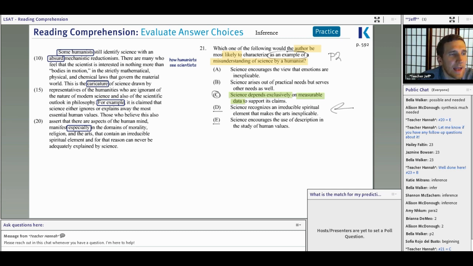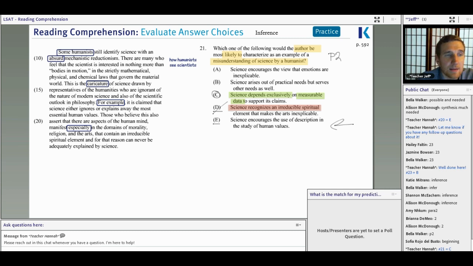If you're reading in that area, you will see this concept of irreducible spiritual element brought up. But notice, this is those who believe this also. It is the humanists who believe this, not the scientists. So when D says science recognizes an irreducible spiritual element, that is actually 180 of what the passage is saying. Again, you really even shouldn't be referencing that area, but if you are, that's how you can know it's wrong.